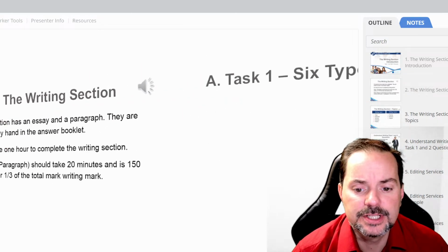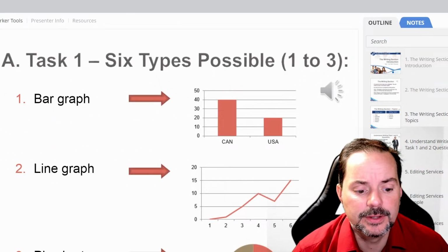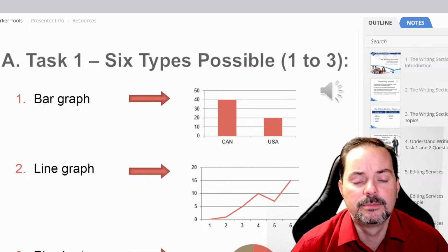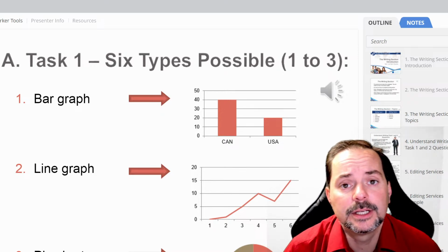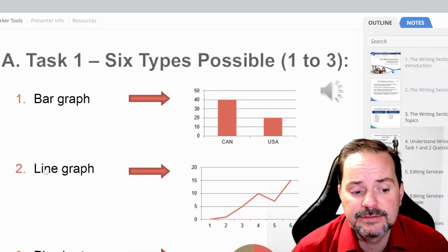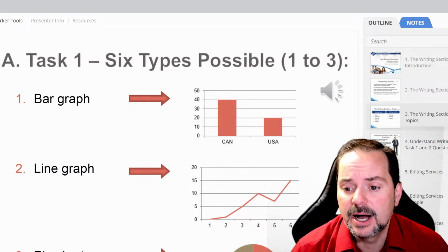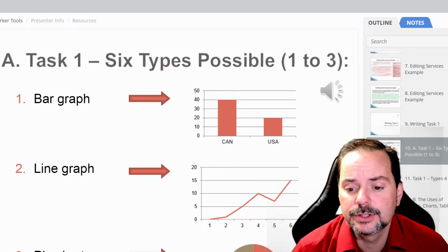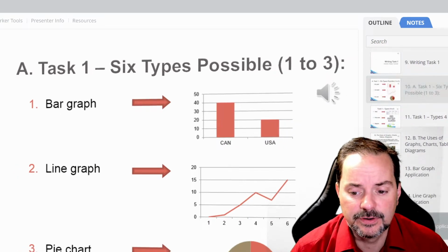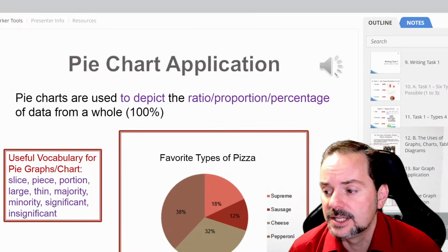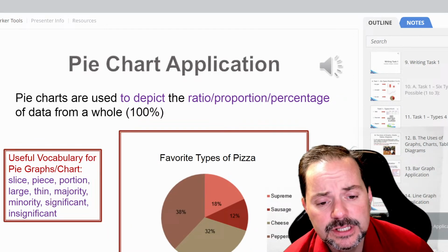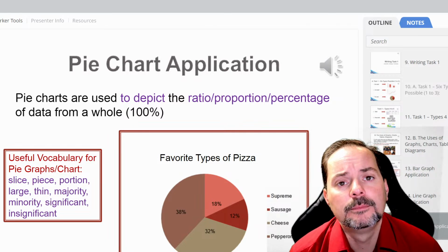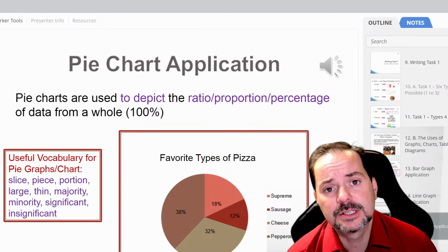One interesting aspect here that I want to highlight while you're composing your introduction are the different types of task 1 in the academic. So you can have bar graphs, line graphs, and then you can have pie charts. And it's really important to understand the difference between these different types of charts and graphs. So pie charts are not the same as line graphs.